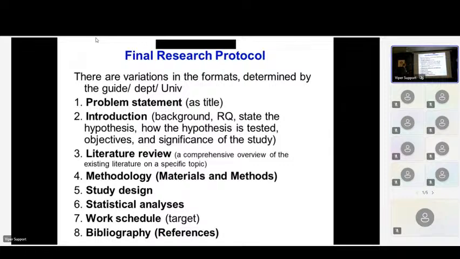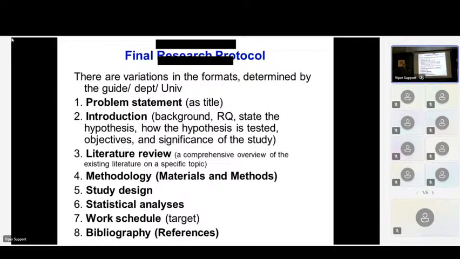Of course, you may arrange this way or whatever your department or your university prescribes, but more or less they come in a similar fashion, though they may give a different title. But they should be in the same order. You cannot go in the reverse way, bibliography first and then come down like this. The structure remains the same with a different nomenclature. So the problem statement, which you use as a title, then the introduction part, where we put the background, questions, hypothesis, objective, and significance of the study; everything comes under introduction.